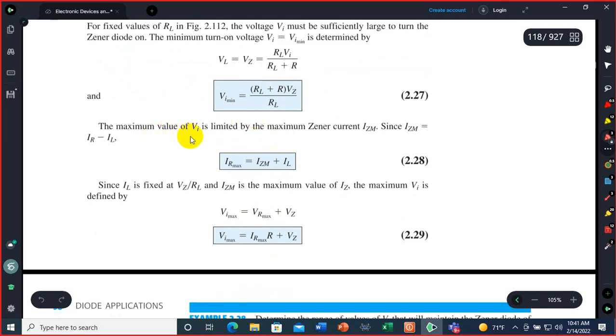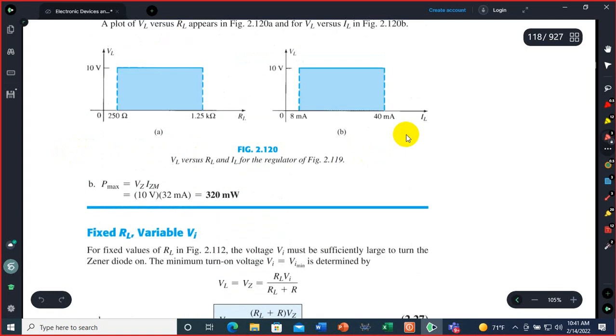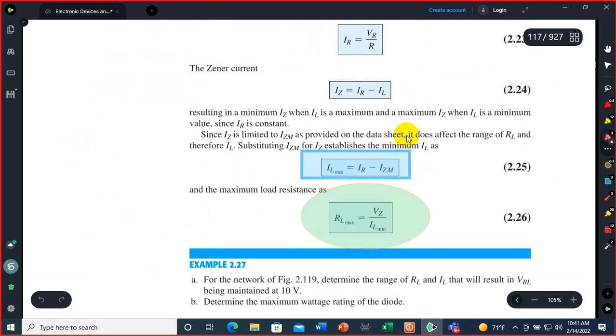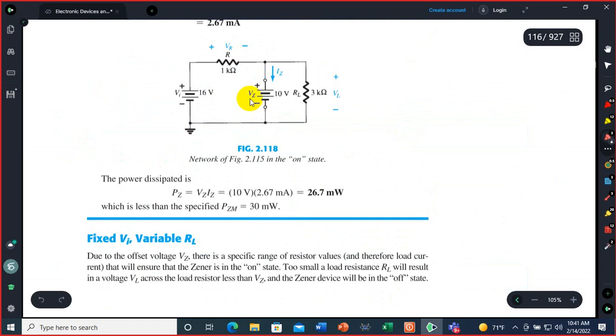The maximum value of Vi is limited by the maximum Zener current IZM, since IZ equals IR minus IL. Kirchhoff's current law at this point.